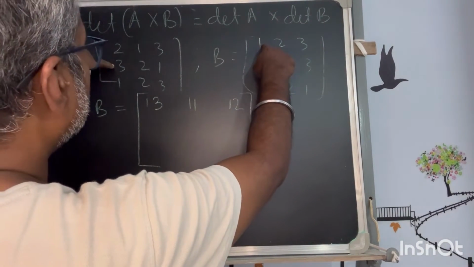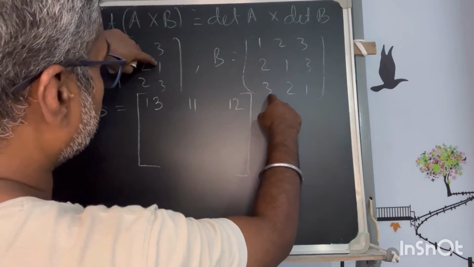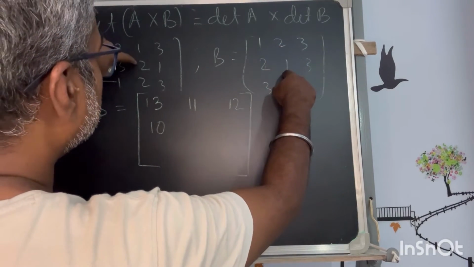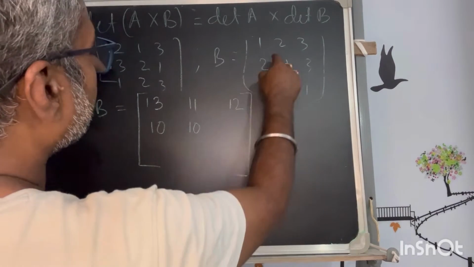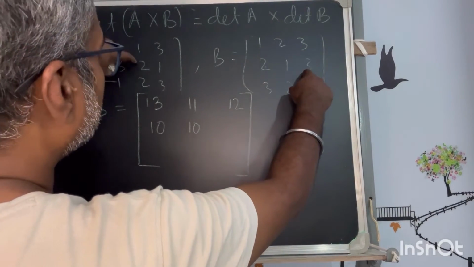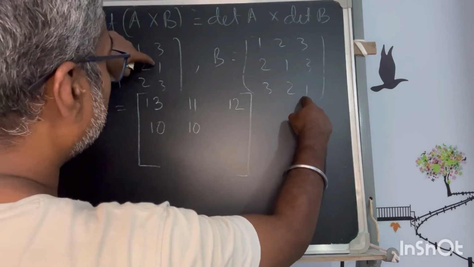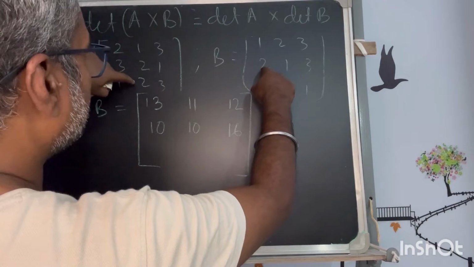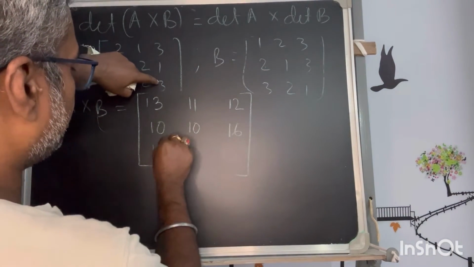Now second row, 3 plus 4 is 7, plus 3 is 10. 3 into 2 is 6, plus 2 is 8, 8 plus 2 is 10. 3 into 3 is 9, 9 plus 6 is 15, plus 1 is 16. 1 plus 4 is 5, plus 9 is 14.